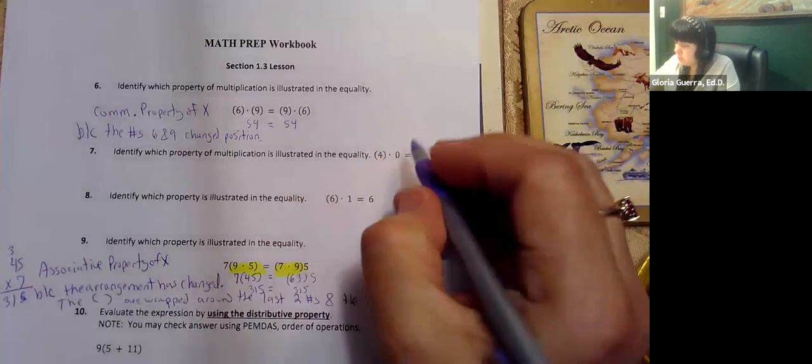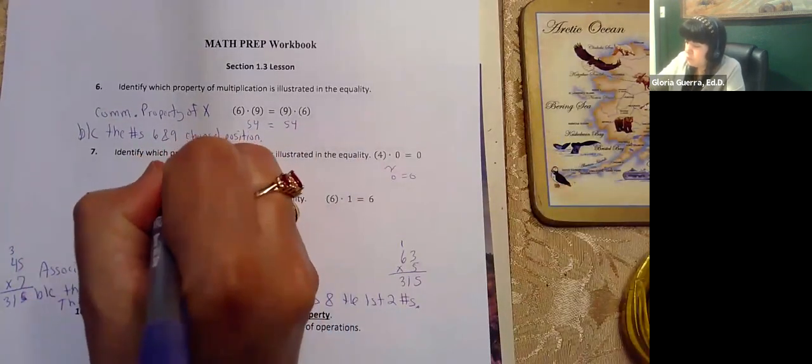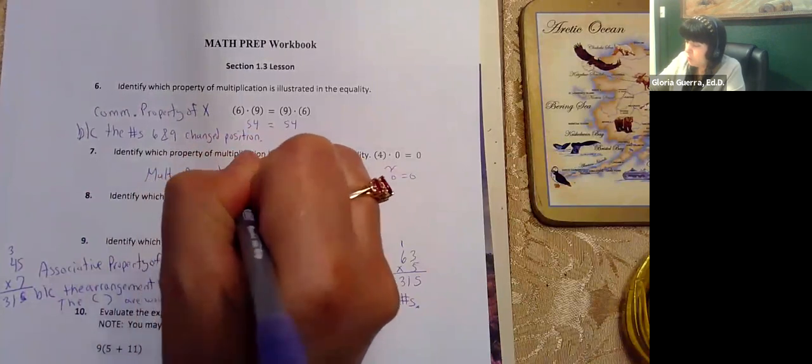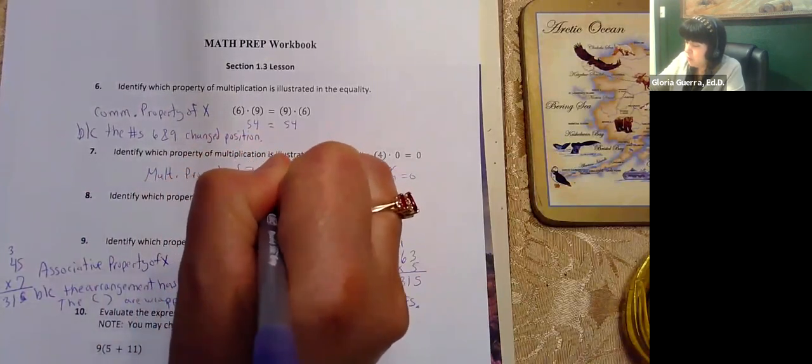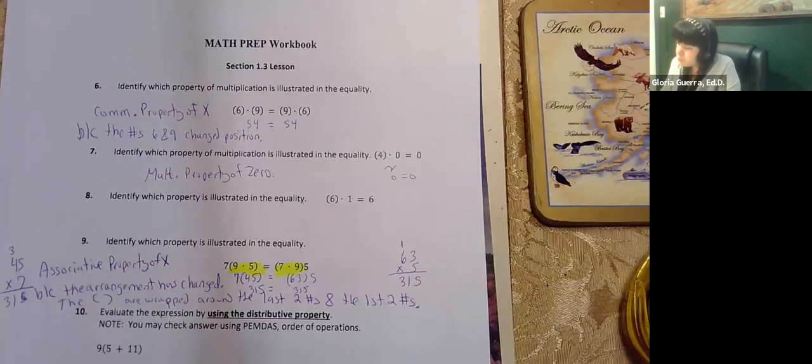See, 4 times 0 is 0. Multiplication property of 0. Do a little shorthand here. Okay. And then it looks like what's remaining is one more property.